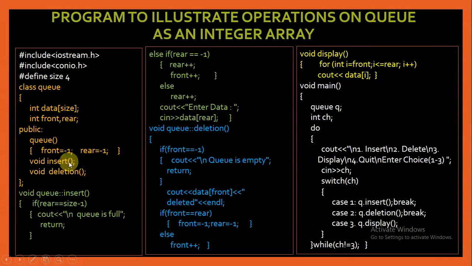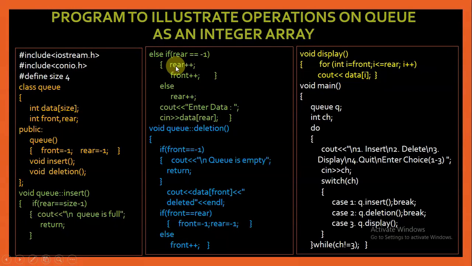Now there are 2 major operations, insertion, insert and deletion. So we'll discuss void queue insert. We'll check if rear is equal to size -1, it means the queue is full and we cannot insert more elements to it. Else if rear is not equal to size -1, we will check if rear is equal to -1.